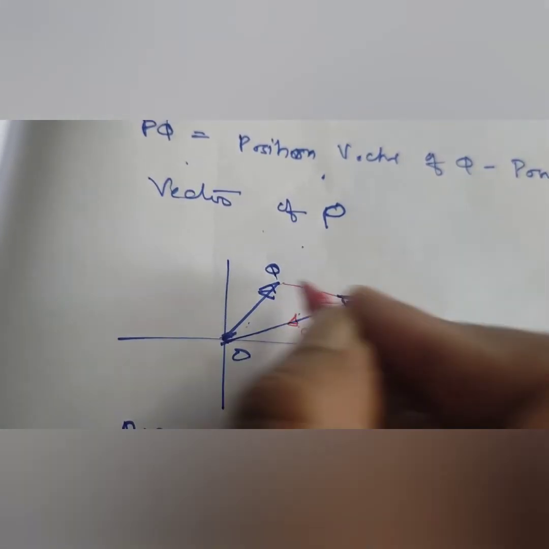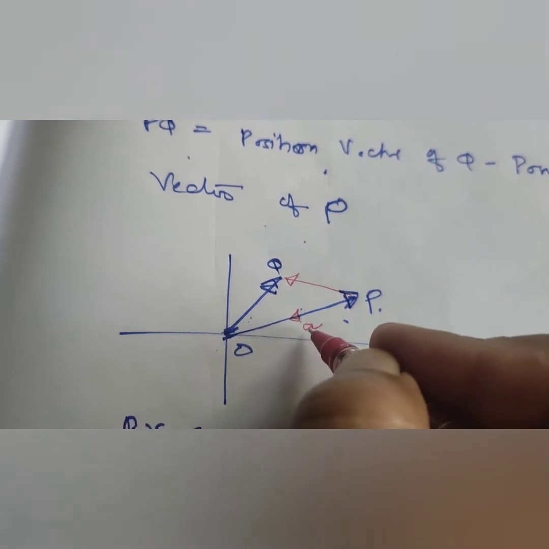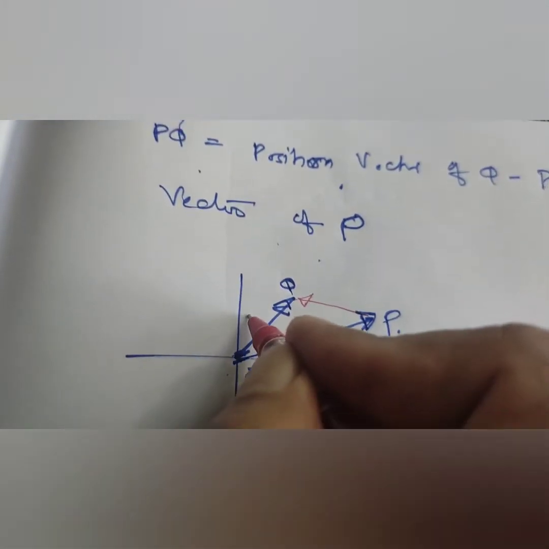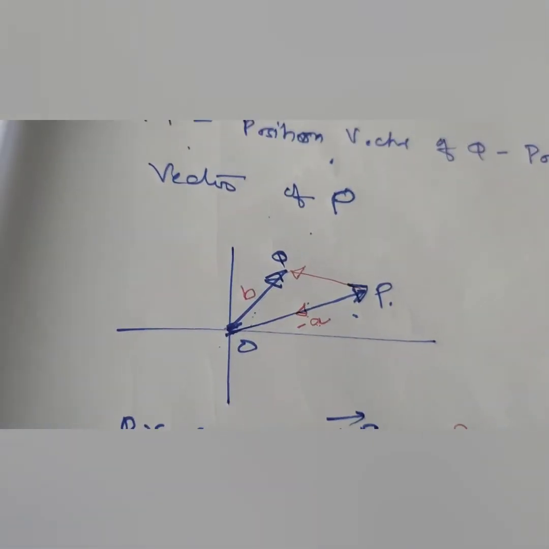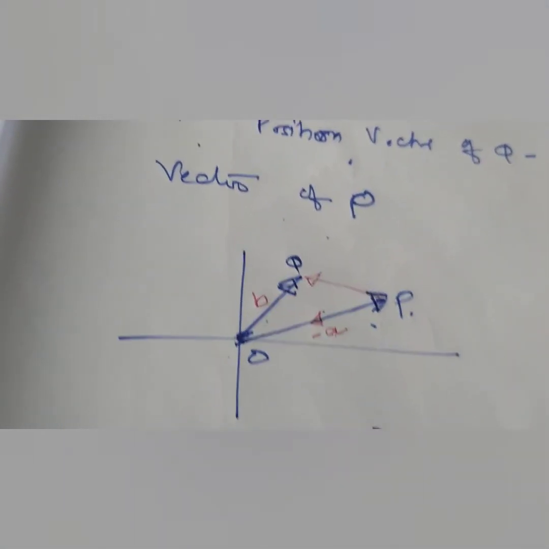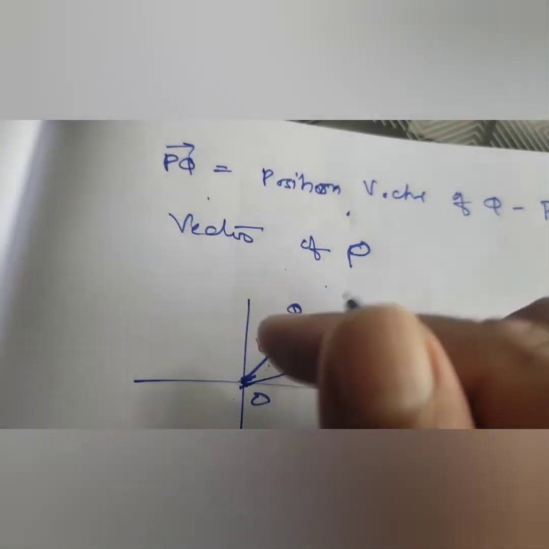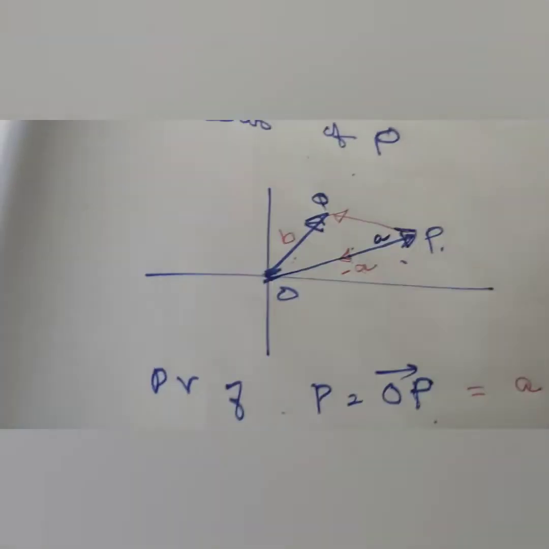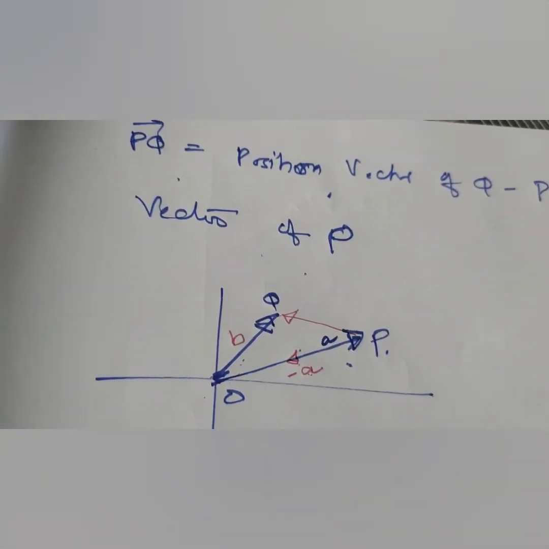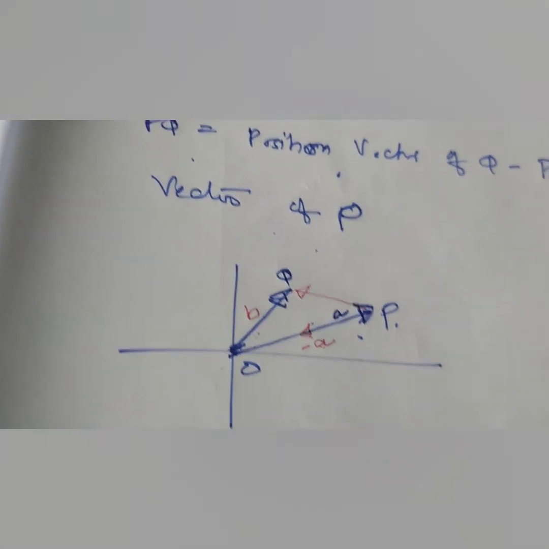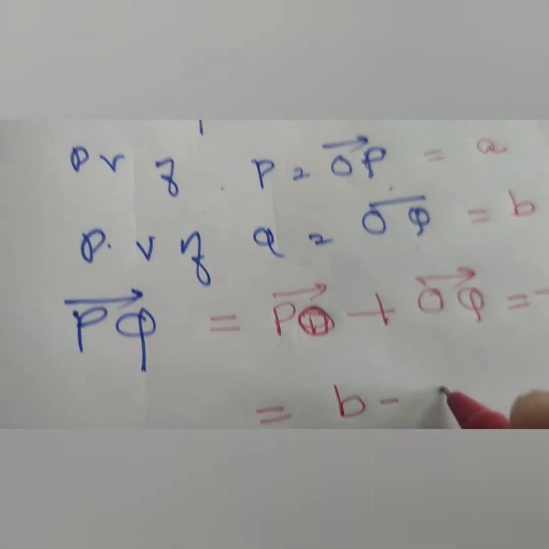If you take it as a vector like this, it comes by addition of minus A plus B. This direction is A, this direction is minus A. So minus A plus B, or that is equal to B minus A.